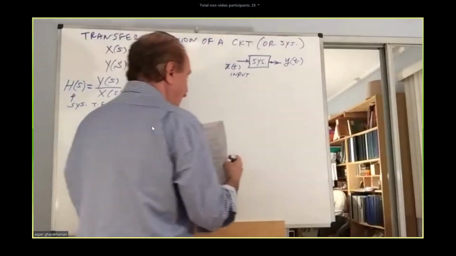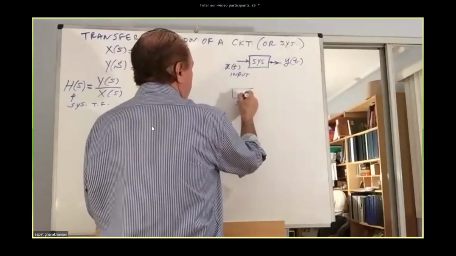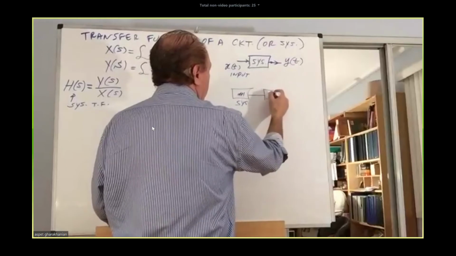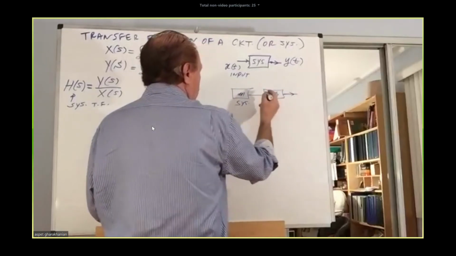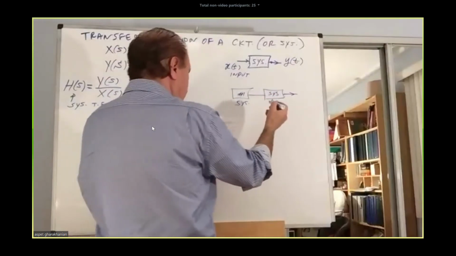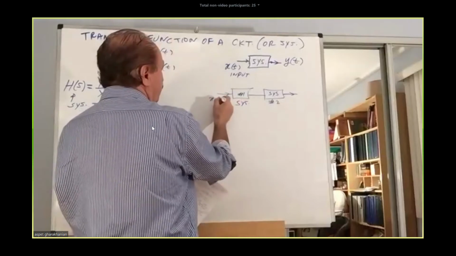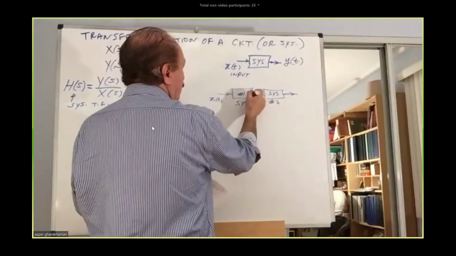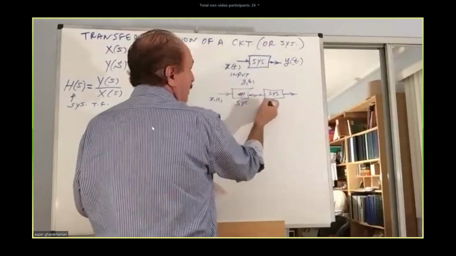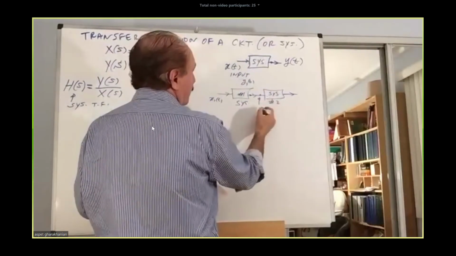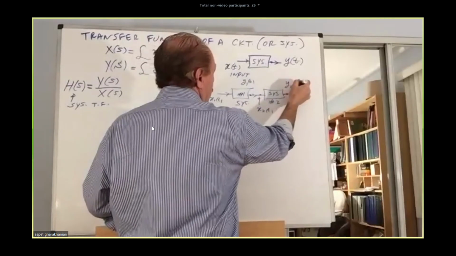If you happen to have one system, system number 1, and a system number 2, and system number 1 has its own input, x1 of t, creating its output, y1 of t, and the output of that becomes input for the next one, x2 of t, and then this is y2 of t.